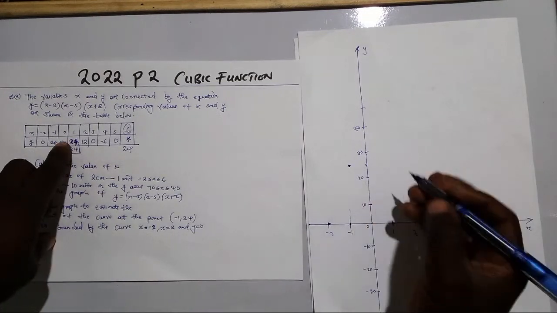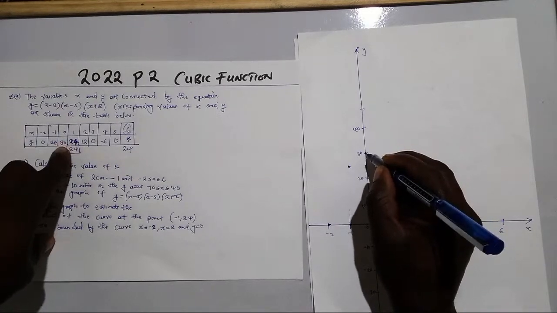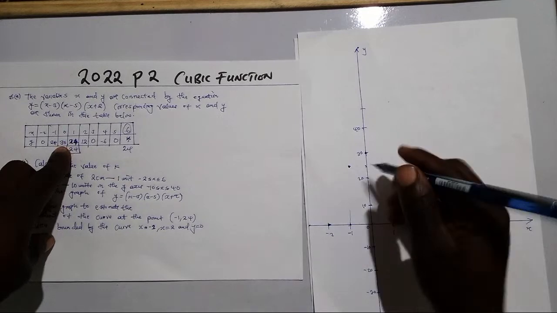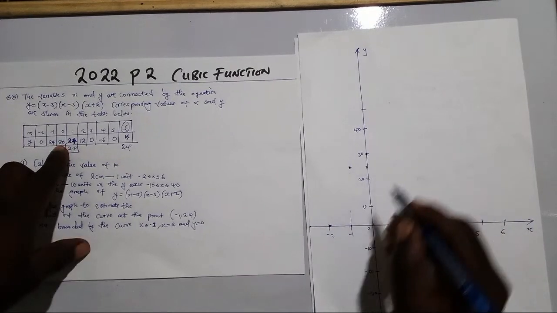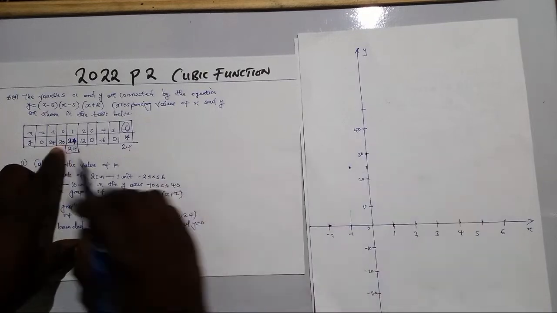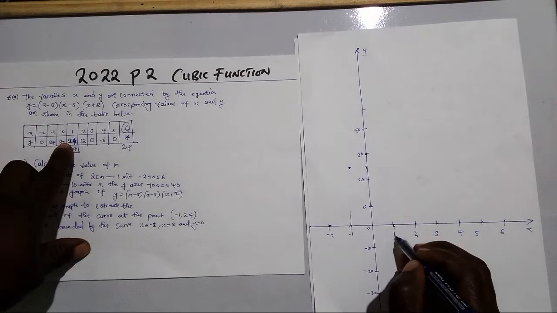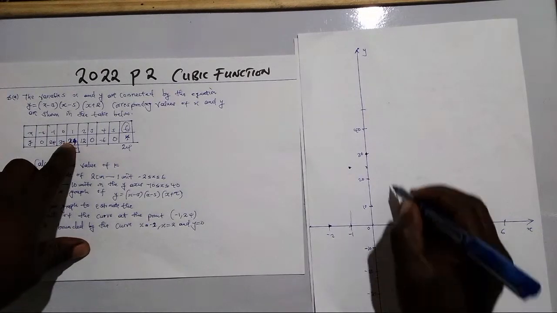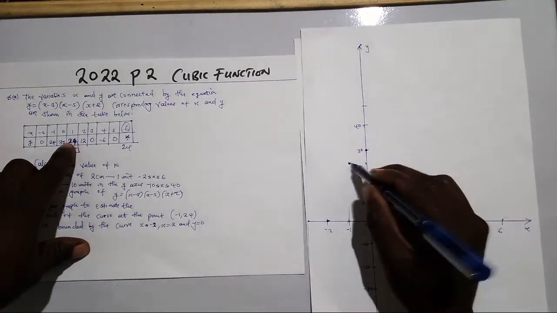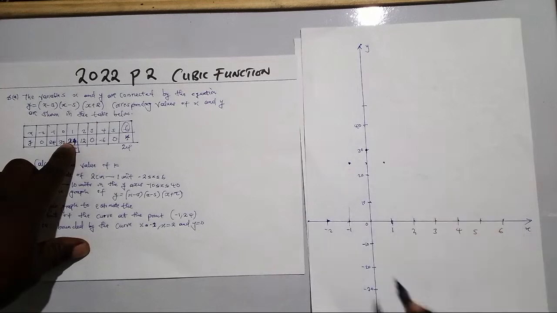Then 0 to 30, it is here, because x here is 0, only the value of y. Then 1 and 24, positive 1 and 24, it's somewhere here, same height as this one here. So it will be here.